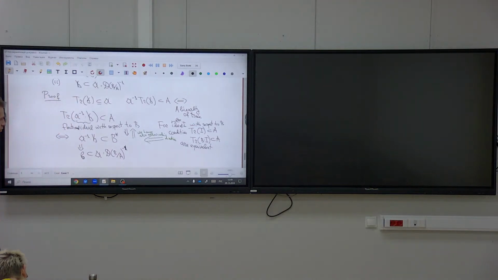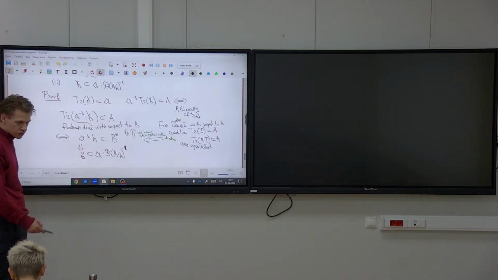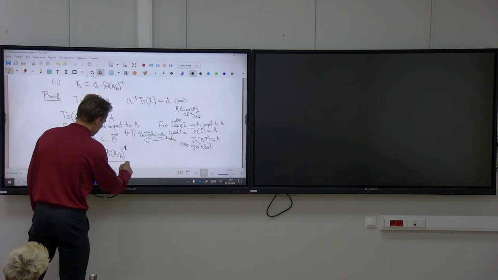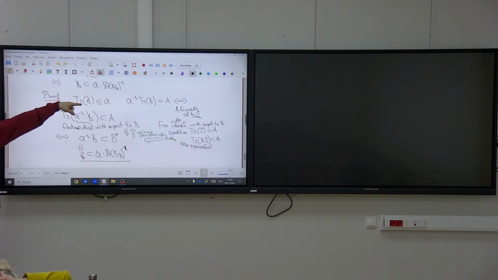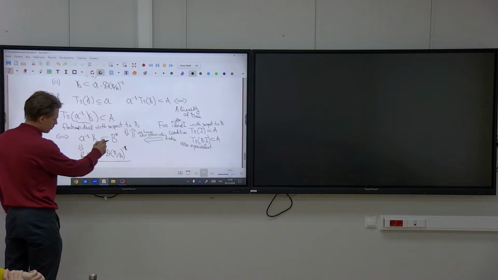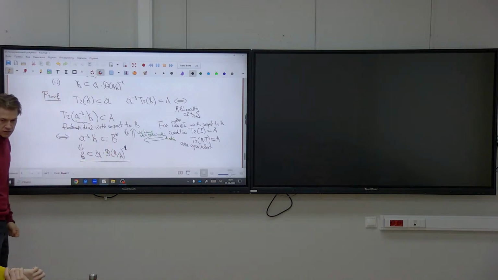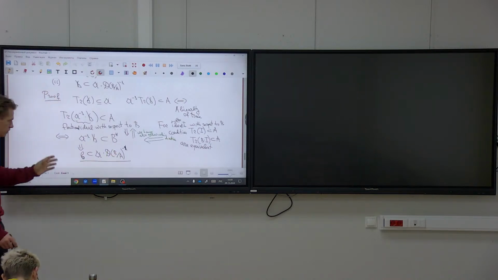But when we're speaking about fractional ideals for B, then it is clearly in both directions. The non-trivial part is how to derive from this the condition for trace. Why is A inverse B in B star? A moves here by multiplying by A, and B star is the inverse of the different, just by definition.